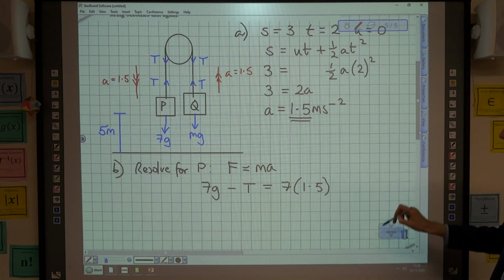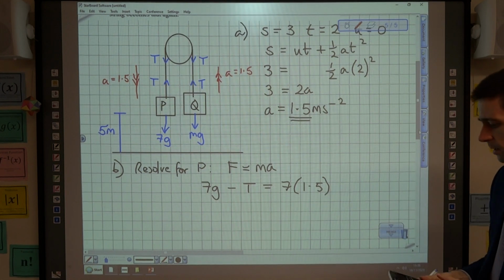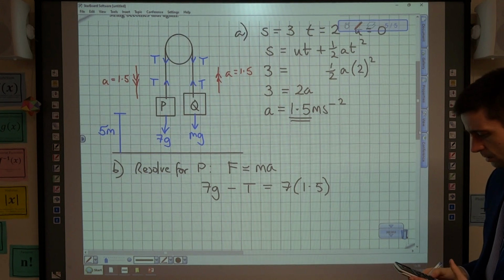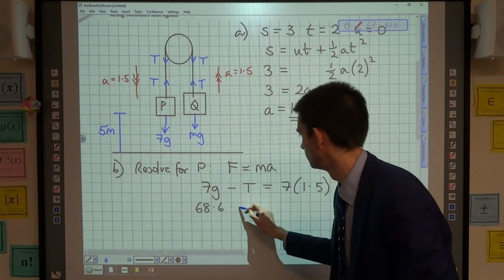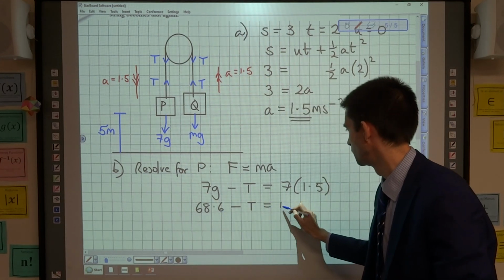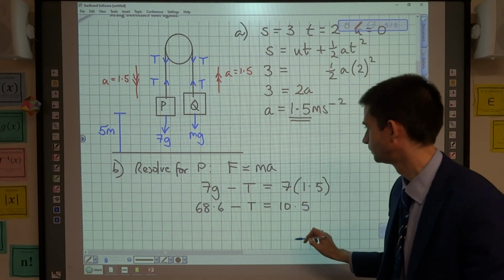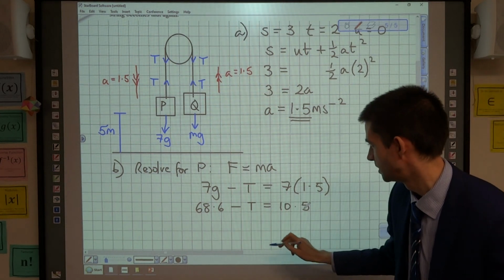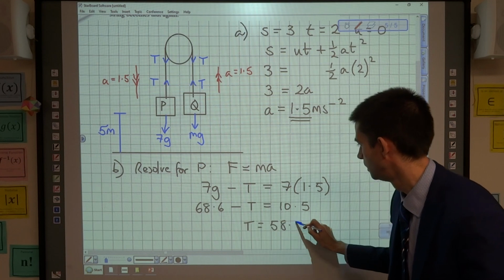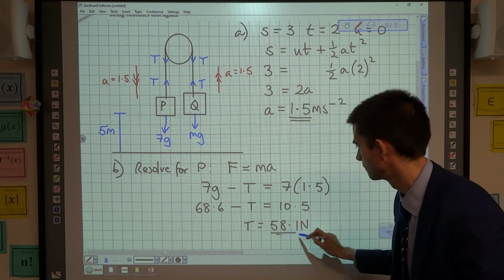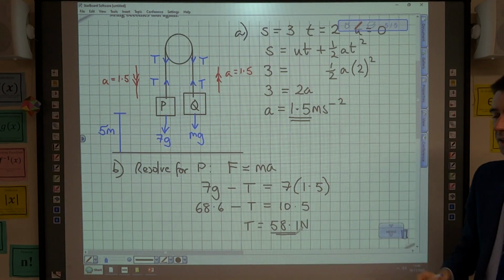So 7 multiplied by 9.8 is 68.6. So 68.6 minus T is equal to 10.5, which means that the tension is 58.1 newtons.